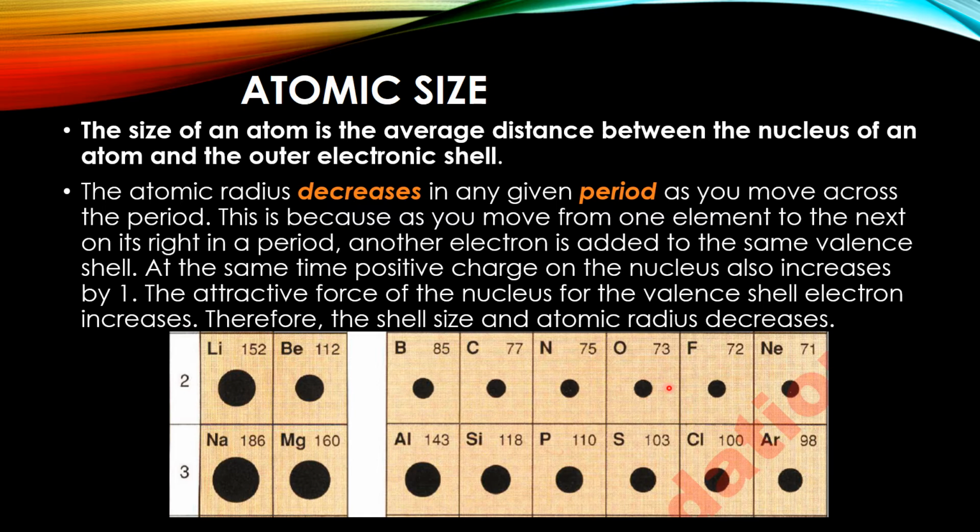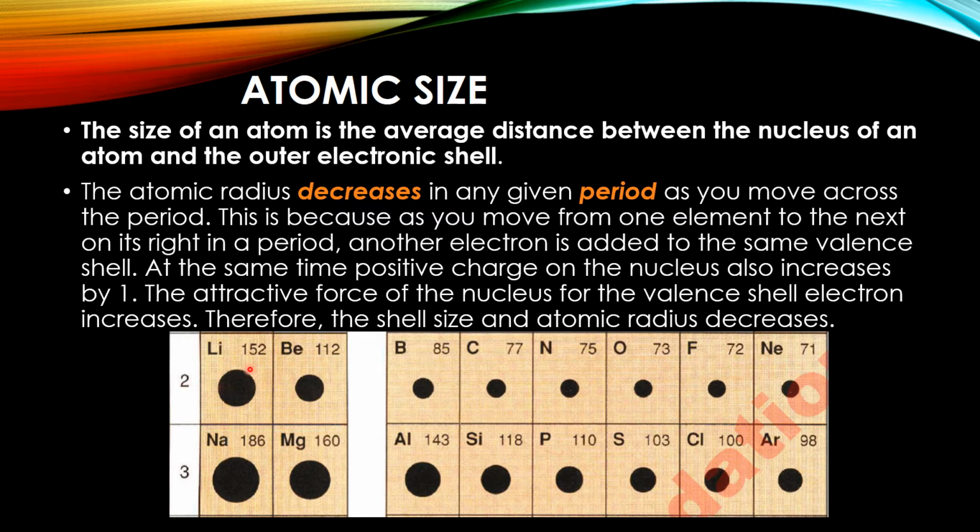Effective nuclear charge is the number of the protons present in the atom. So when we are moving from left to right in a period, the number of protons is increasing, the number of electrons is increasing, but the number of shells remains the same.